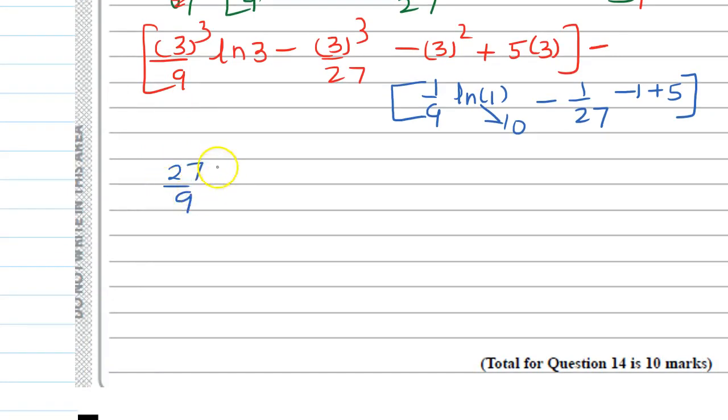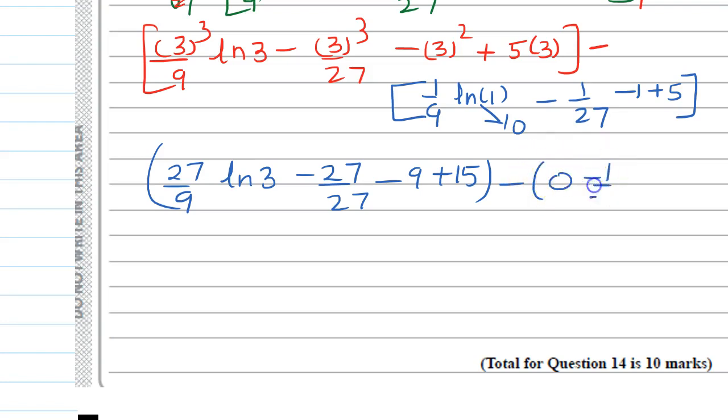27 over 9 ln 3, minus 27 over 27, minus 9 plus 15, minus, so this will be 0 minus 1 over 27, and plus 5 minus 1 is plus 4.